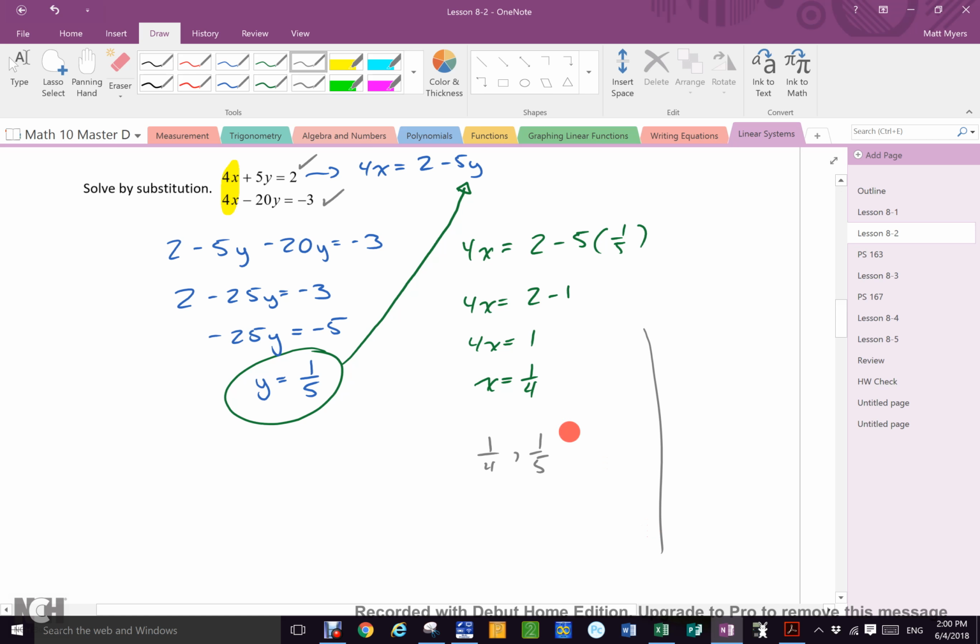Because if we were going to graph this, the lines would cross at 1/4 and 1/5. And that would be a real hard number to get exactly from a graph, wouldn't it?